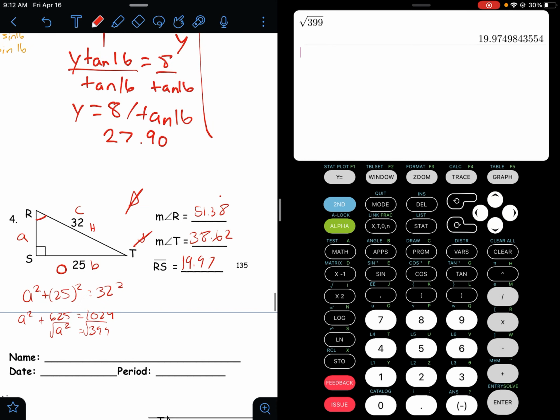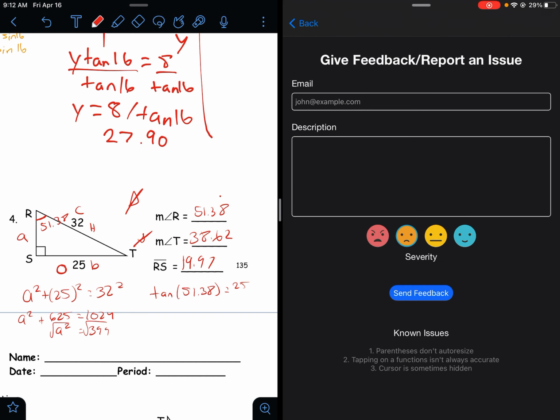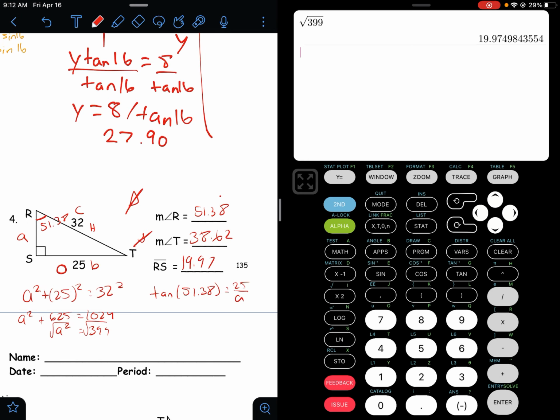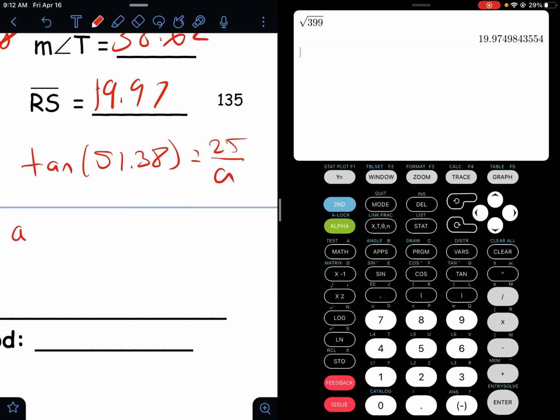Let's try it doing trig. We said angle R is 51.38. Let's use tangent. I feel like I haven't used tangent in a while. So we're going to do opposite over adjacent: tangent of 51.38 equals our opposite, which is 25, over our adjacent, which is A. We cross multiply and get A tangent of 51.38 equals 25, and then divide by that.